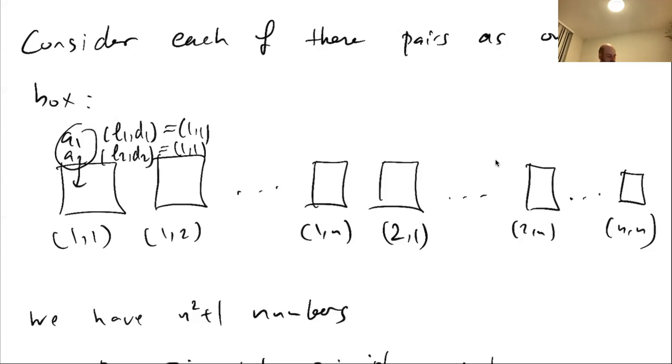So if the pair assigned to the box is (1,1), and I have two pairs in it, that means (l_1, d_1) and (l_2, d_2) are both (1,1), which means (l_1, d_1) is equal to (l_2, d_2). Similarly, if two pairs are in the box (1,2), both of those pairs are equal to (1,2), and again they are equal. And so on.